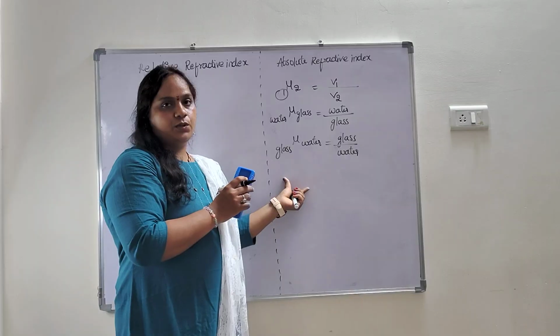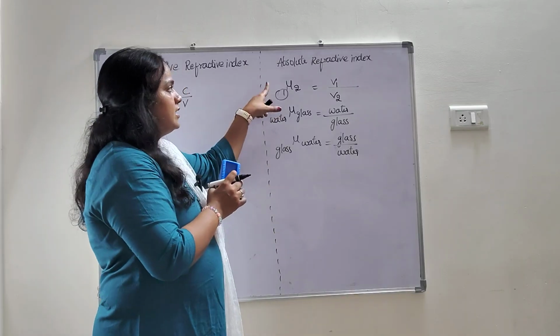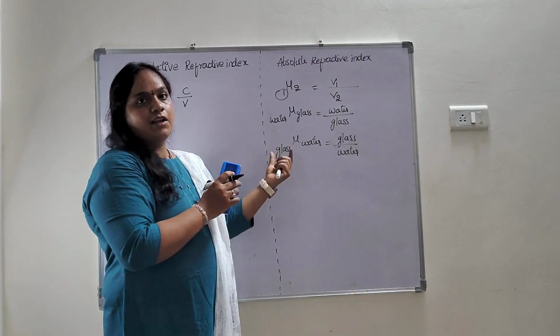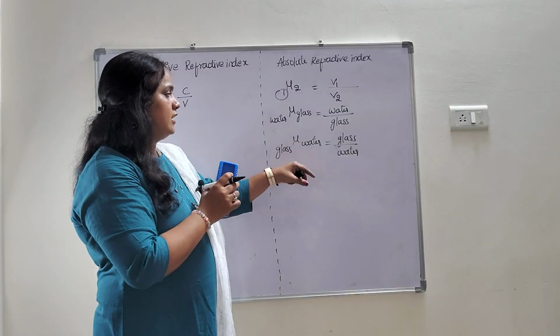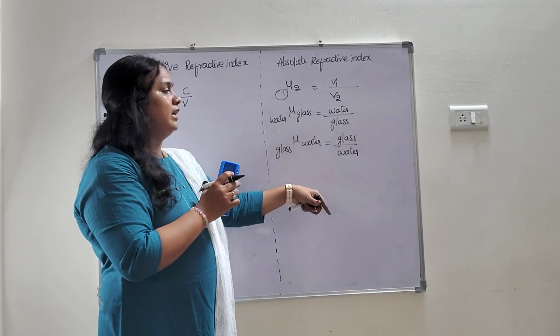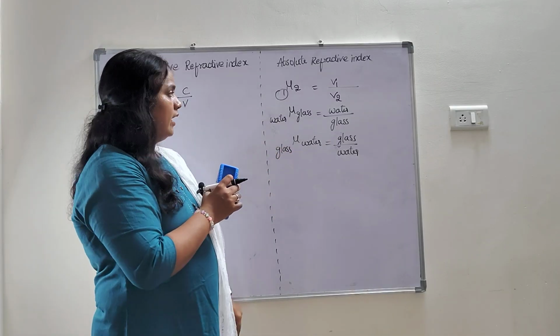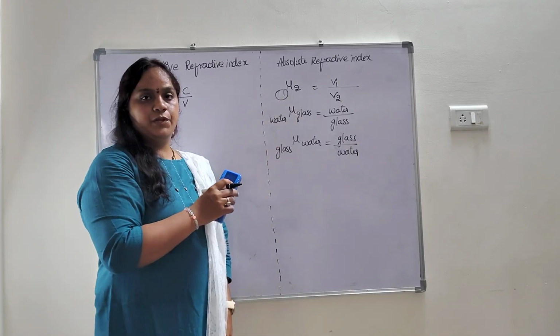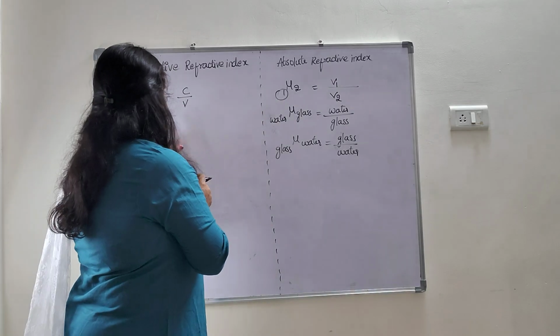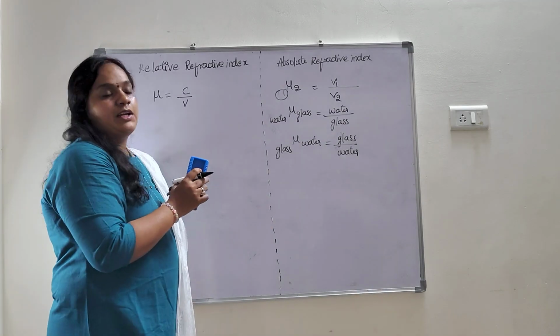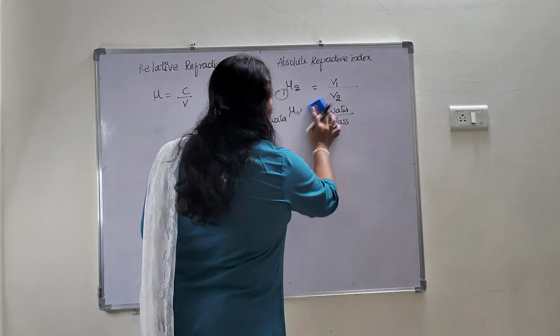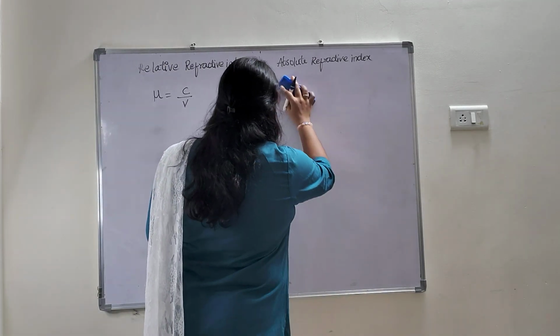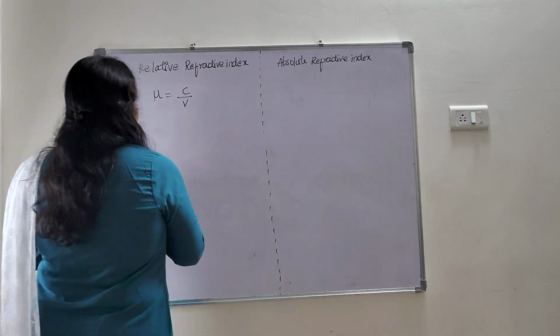In that way we need to say, and it is also represented with n21, n12, like that. In CBSE terms it is also represented with n21, n12, or it can also be represented with mu. Next, I'll explain a few numericals so that you'll get more clarity about refractive index and absolute refractive index.